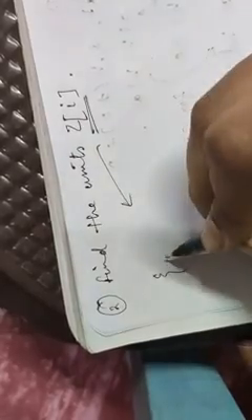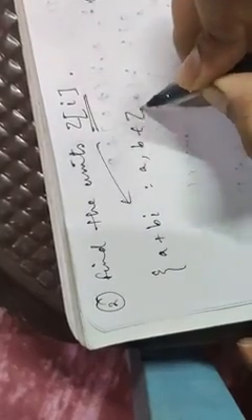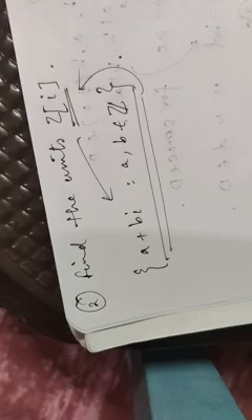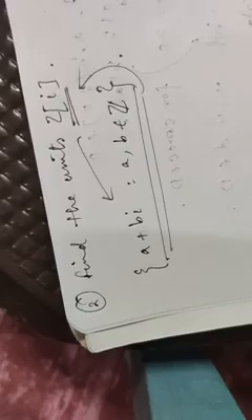So how will we do that? Now what is Z[i]? Z[i] is the set of elements of this type, a plus bi, such that a, b belong to Z, that means integers. So this type of elements belong to Z[i]. We have to find out the units. That means we have to find all those elements of Z[i] which have a multiplicative inverse. So let us choose alpha equals a plus bi.